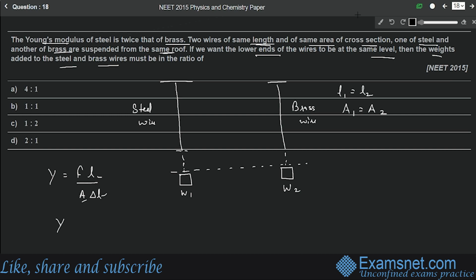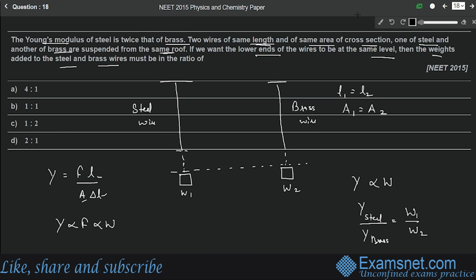So Young's modulus will be directly proportional to the force, and force is directly proportional to the weight, mass into acceleration. That means Young's modulus is directly proportional to the weight. So Young's modulus of the steel upon Young's modulus of the brass will be equal to W1 by W2. And this is the ratio that we have to find out, W1 by W2.